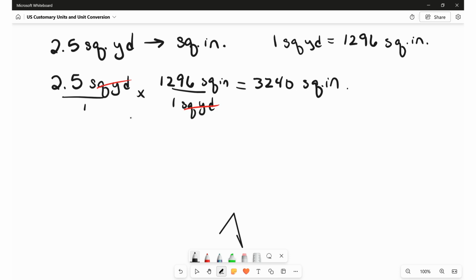Oh, I forgot a zero here because we want this to have 3 significant figures. And you can do the same thing with cubic units. It works the same way.